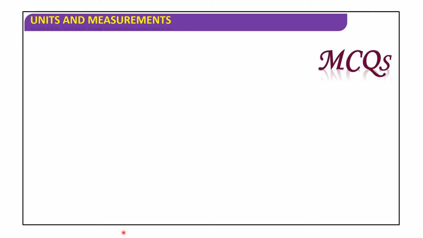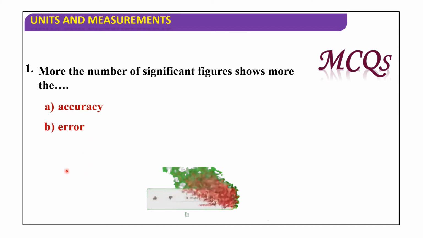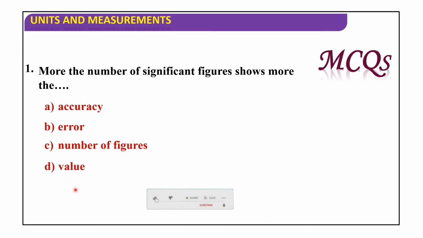Now let us discuss MCQs. First one: more the number of significant figures shows more the accuracy, error, number of figures, value. More the number of significant figures shows more the accuracy. Okay.